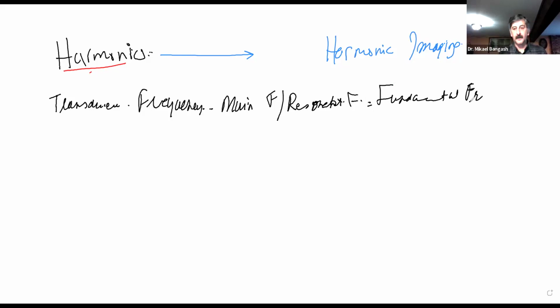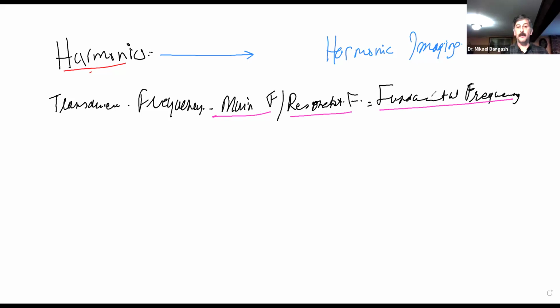So in this chapter, when you see the word fundamental frequency, it still means what in the previous chapters was referred to as the main frequency, which we also call the resonant frequency. Clear? Okay.